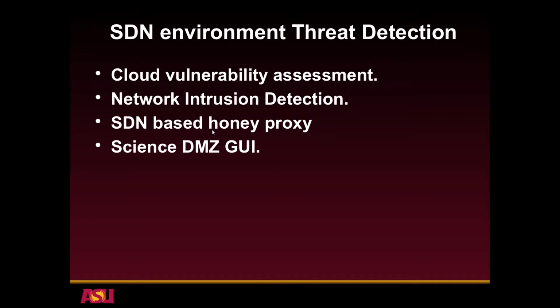And we use an SDN based honey proxy to identify the type of traffic and redirect it to the appropriate honeypot. We have a very interactive and user friendly graphical user interface that we will showcase as part of the demo. A system admin will find it very easy to use.